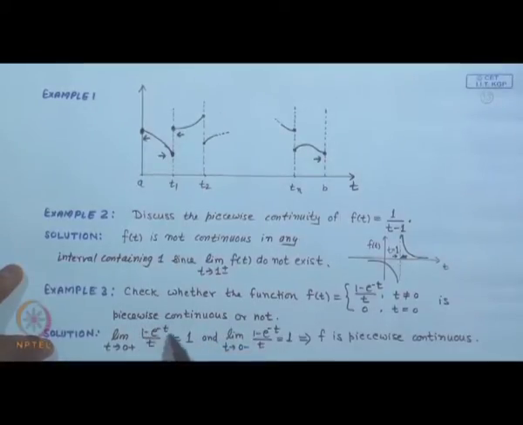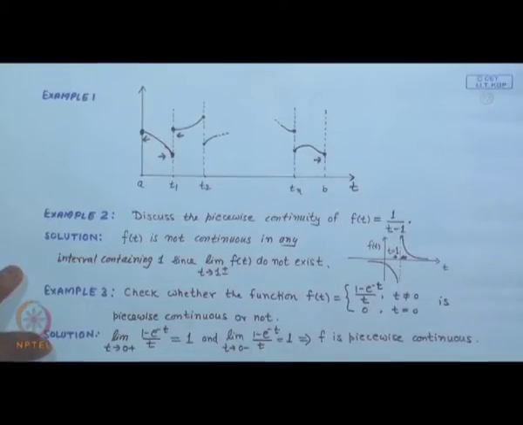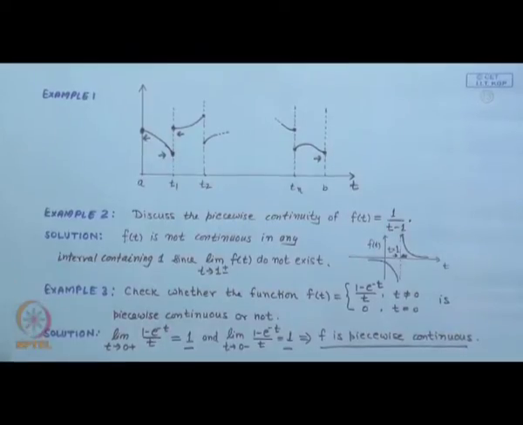The differentiation of the numerator gives e to the minus t, which is positive, so we have e to the minus t over 1, and as t approaches 0 we get 1. Also when t approaches 0 from the left side, both limits are 1. So the function is piecewise continuous in this case.